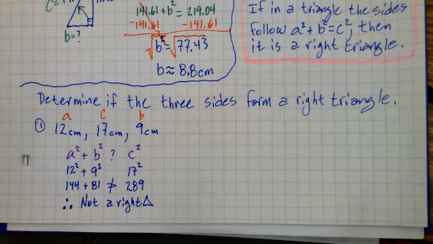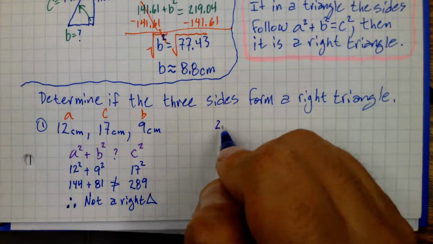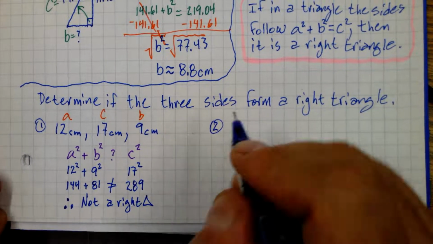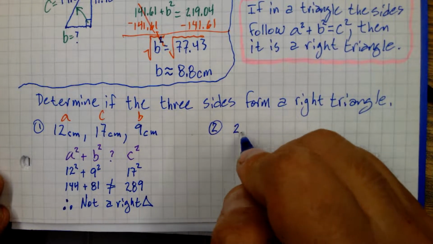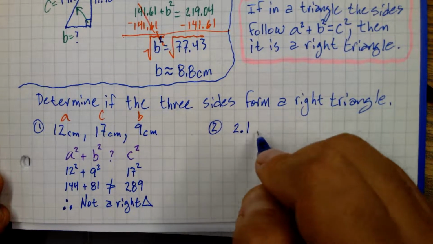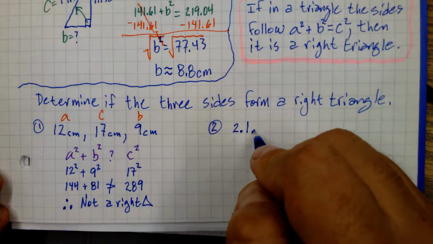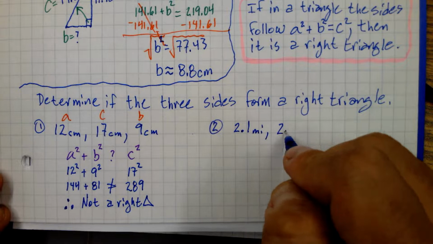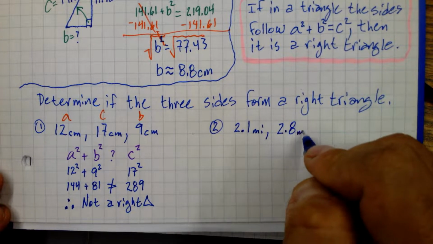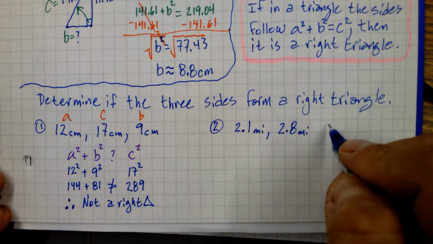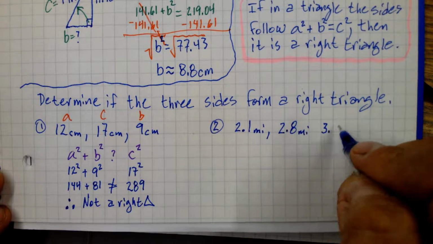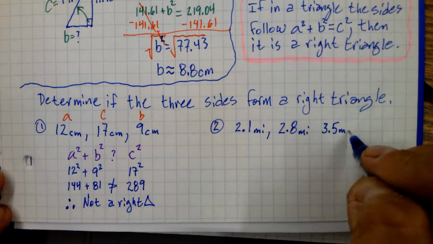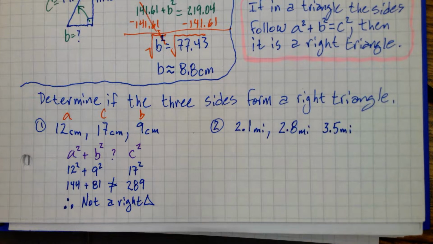Okay. Let's do one more. 2.1 miles, 2.8 miles, and 3.5 miles. Okay.